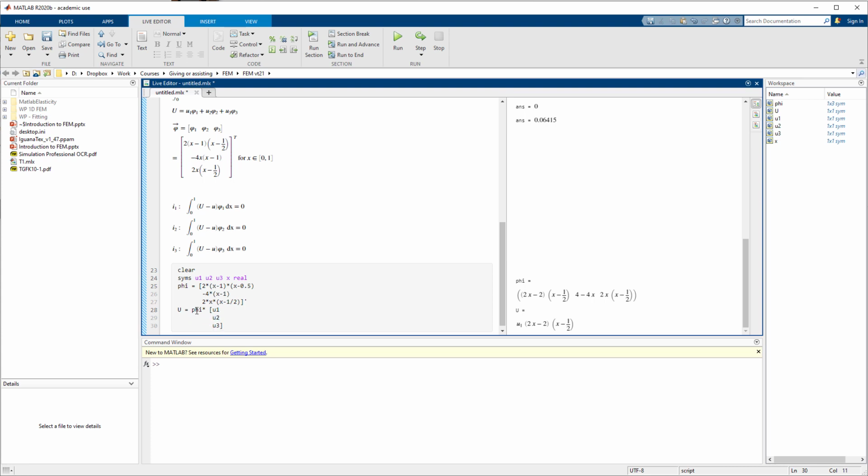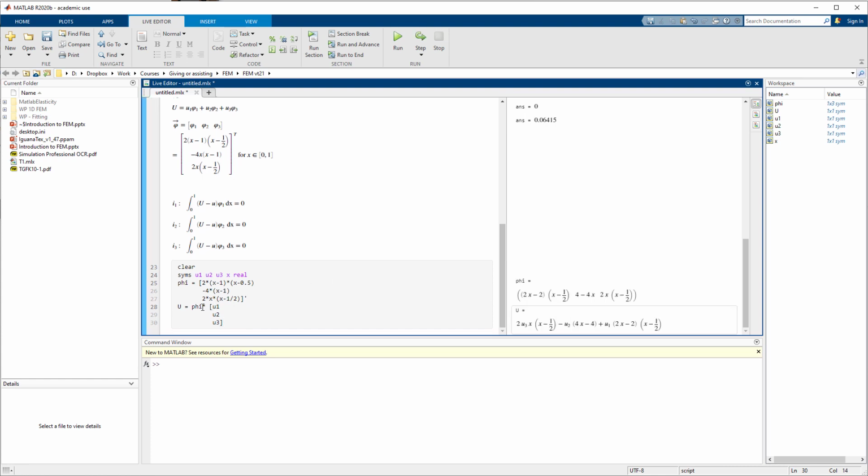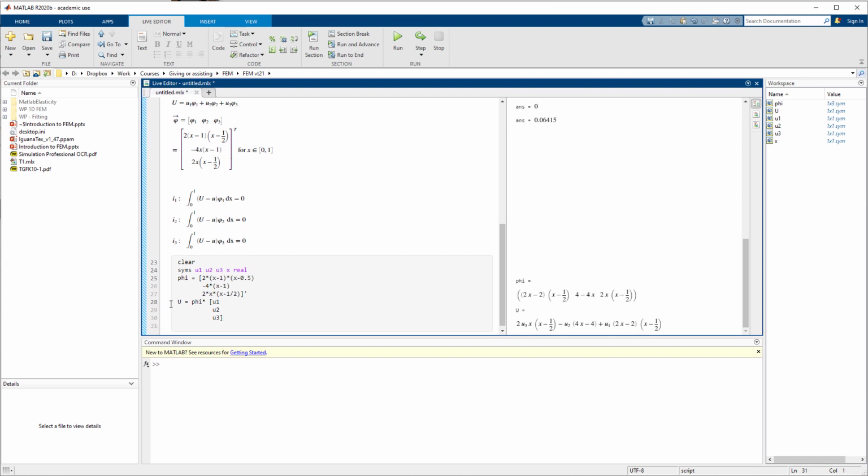Right, because this is a row vector and this is a column vector, and this multiplication here will yield a scalar, which is exactly what I'm looking for. So that's my preference. You can do this however you want. I'm just showing you other methods. Okay, so now we have u. Great.